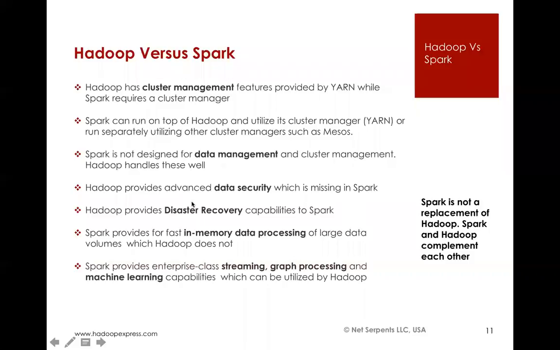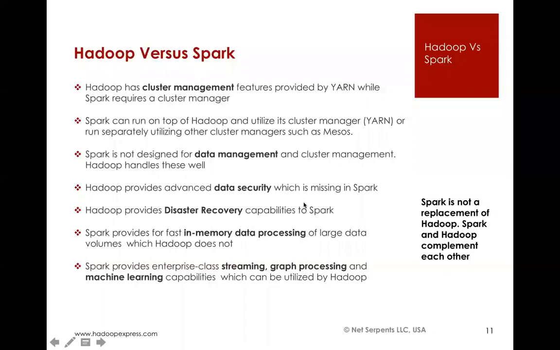Hadoop provides disaster recovery capabilities to Spark, which is otherwise missing. For example, when you're running Hadoop, there are default replication features which come with Hadoop. Also, there are multiple ways in which you can have disaster recovery configured in Hadoop. This is a feature that's lacking in Spark.